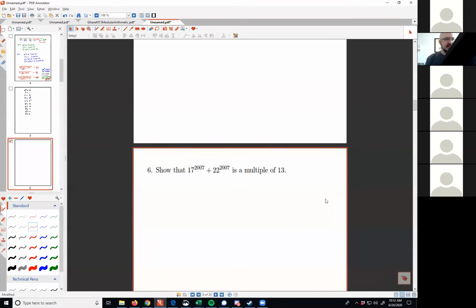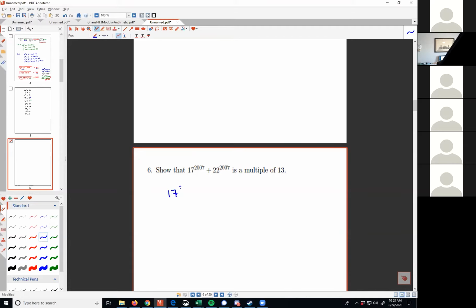Show that 17 to the 2007th power plus 22 to the 2007th power is a multiple of 13. Wow, these numbers are gigantic. How can we get started? We can break the numbers already given to us, regardless of their powers, into modulo 13. Okay, let's examine these numbers modulo 13. Can we simplify anything modulo 13?